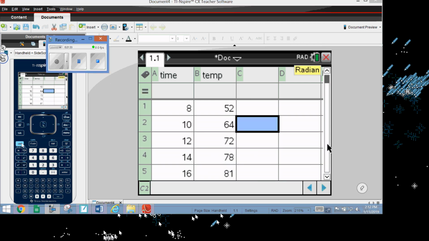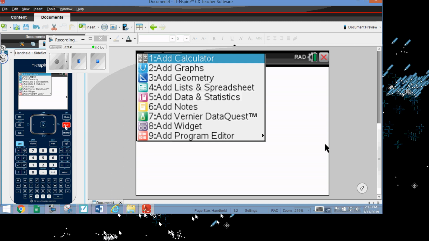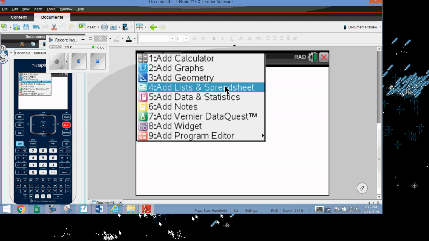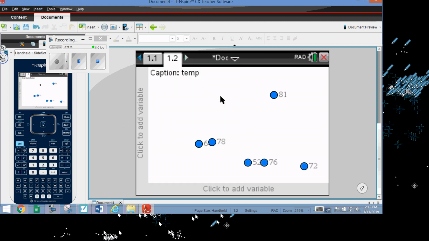Next, you're going to click Control, Documents, not at the same time. Control, then Documents. Now what? When you use the spreadsheet, I need to click Data and Statistics. Now click Data and Statistics.